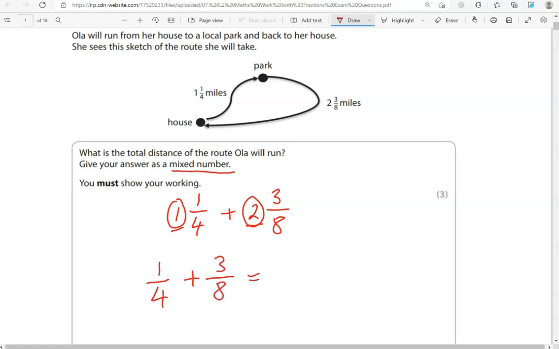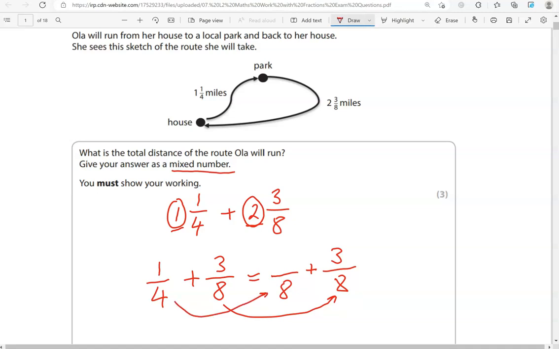Finding a common denominator for both, because at the moment they're split into different sizes of slices, or different number of slices if you like. So I'm going to convert them so that both of them have 8 at the bottom, the same denominator. This one doesn't need changing because it's already with an 8 at the bottom, so we can keep it like that. So we're just doubling both of the numbers for this fraction.